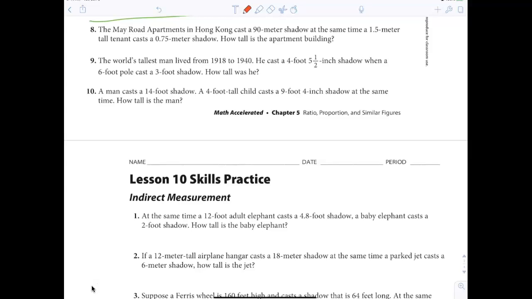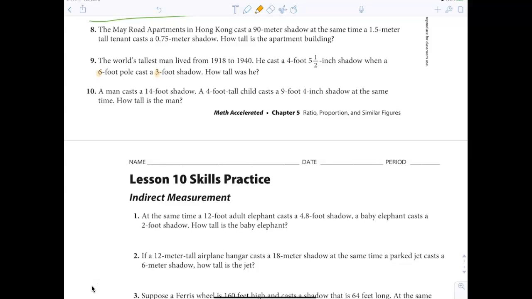So what's the relationship between this 6 foot and this 3 feet? Double. It's double, right? Now, again, I like what he said. It's about the 4.5 or the 5.5 inches, right? You could just double it. But for me, you could also just make it 5.5 inches.